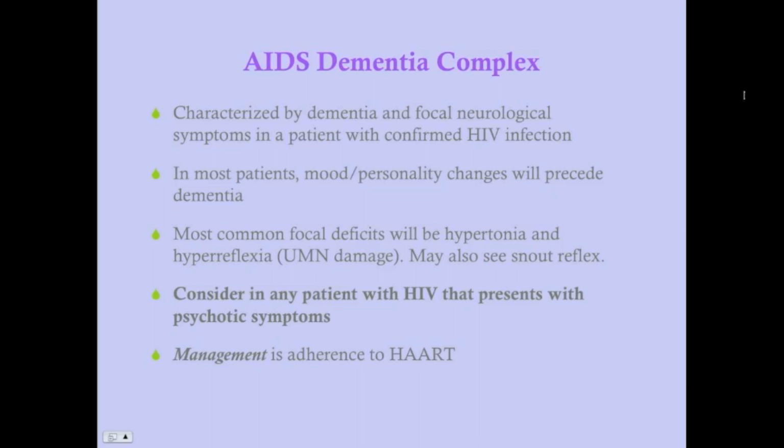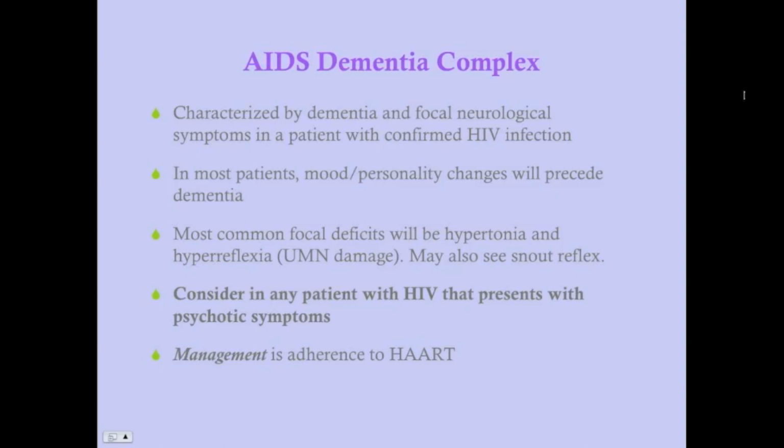And you see mood and personality changes in Pick's dementia, but unlike Pick's dementia, AIDS dementia complex won't have focal neurologic symptoms. So AIDS dementia complex is like if you took Pick's dementia and vascular dementia and combined them into one in a patient that's HIV positive. So that's a good way to think about it.